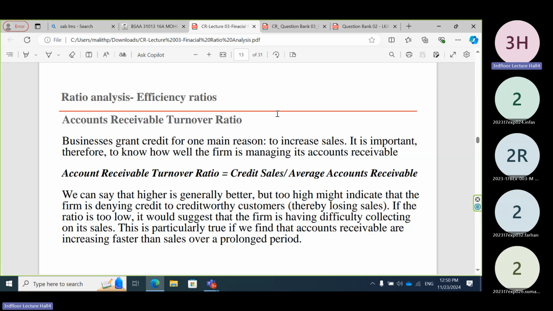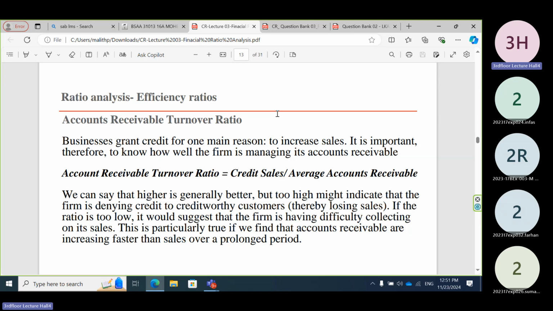So last sentence. This is particularly true if we find that account receivables are increasing faster than sales over a prolonged period. If we are having a small number for this ratio, it means your cash collection is very low.